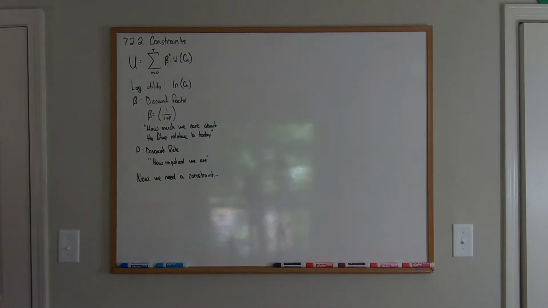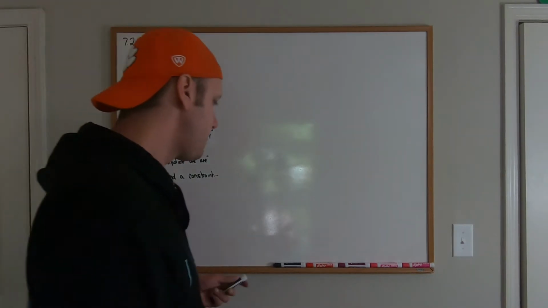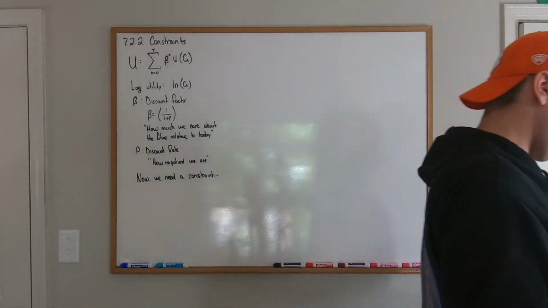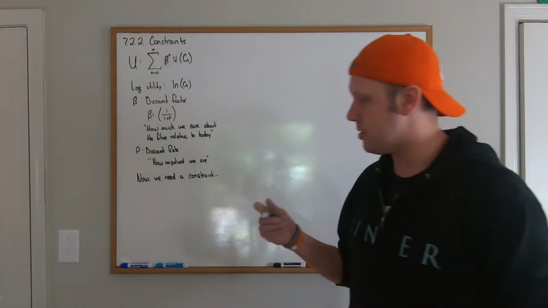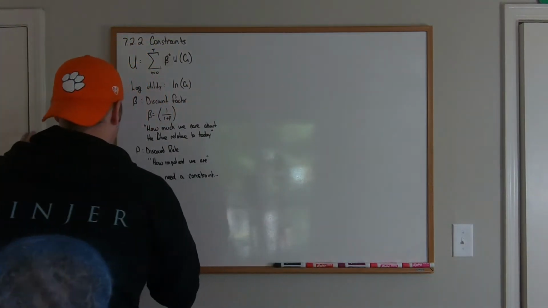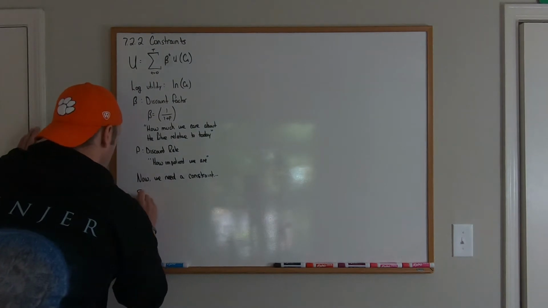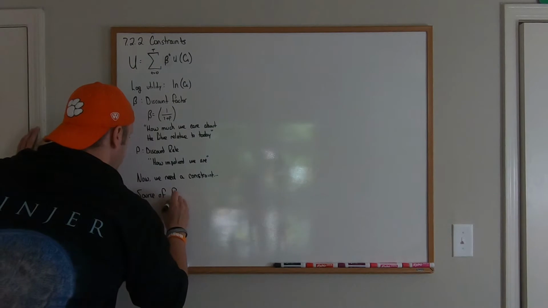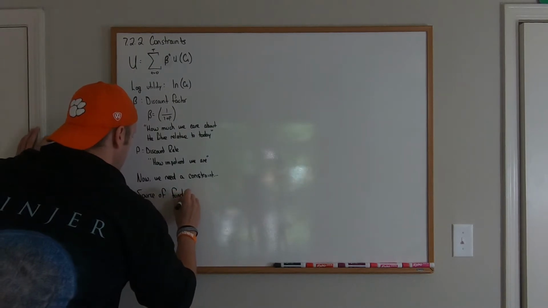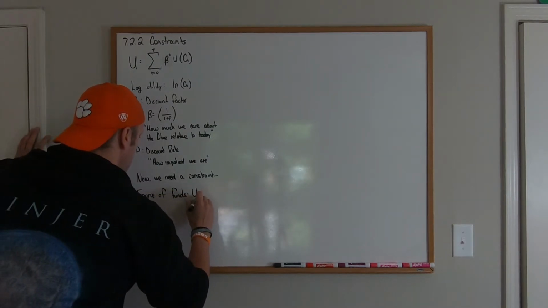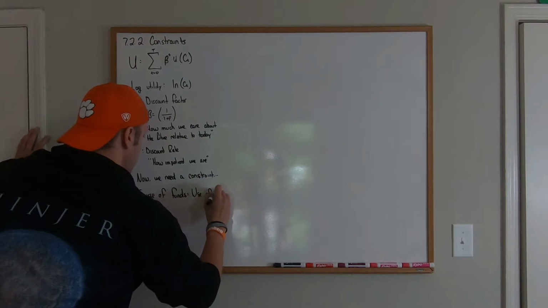So what that basically tells me in this constraint is that the source of funds must be equal to the use of funds.